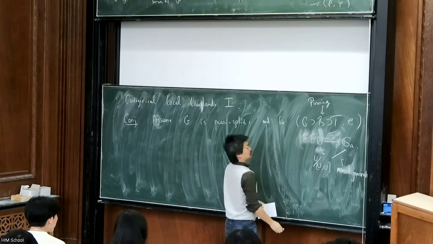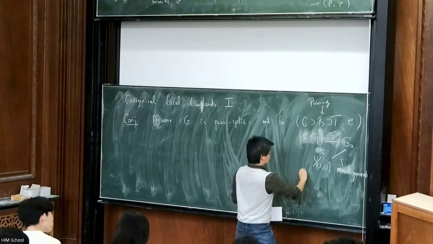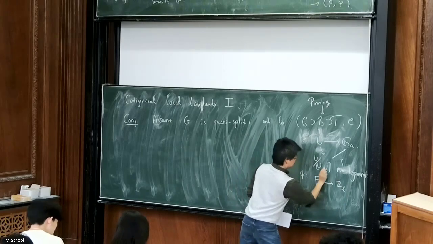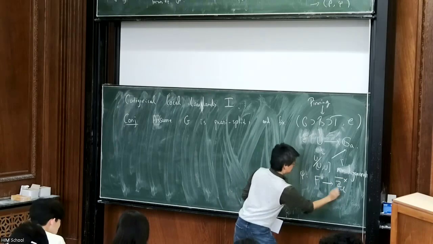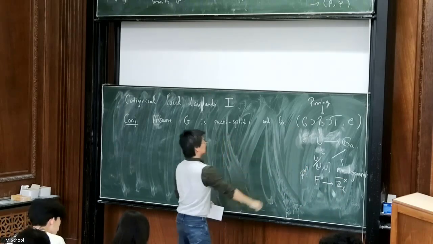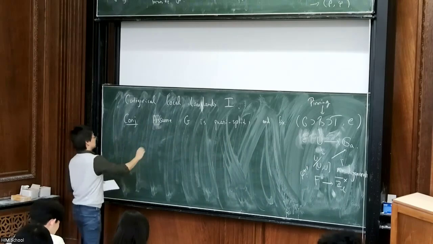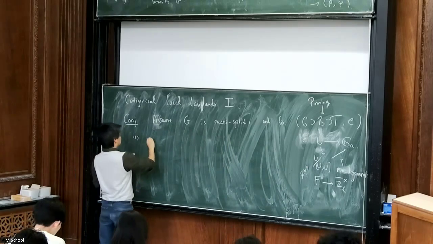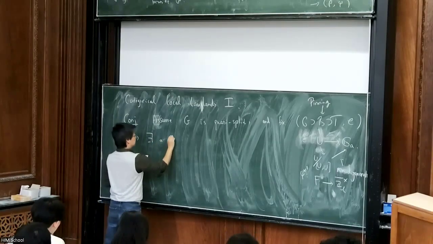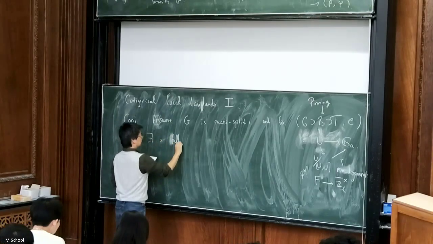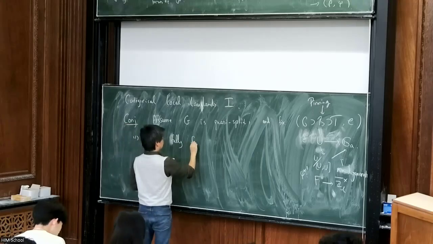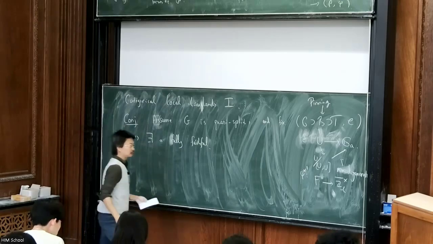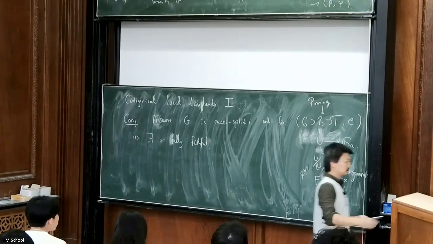Then you also fix psi, some non-zero additive character. Such data will determine the so-called Whittaker data. So then, there exists a fully faithful embedding. For simplicity, I will only consider Q_l coefficients here, maybe Q_l bar coefficients.